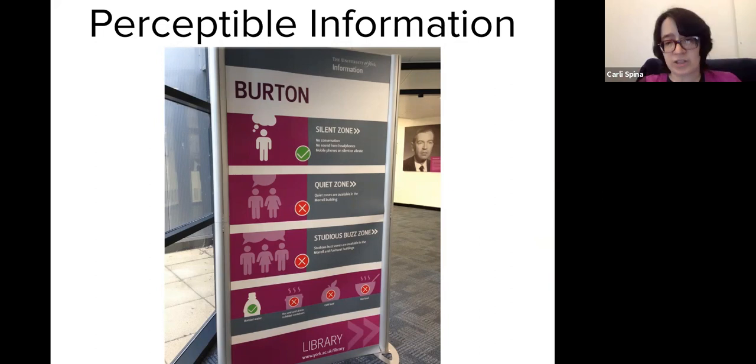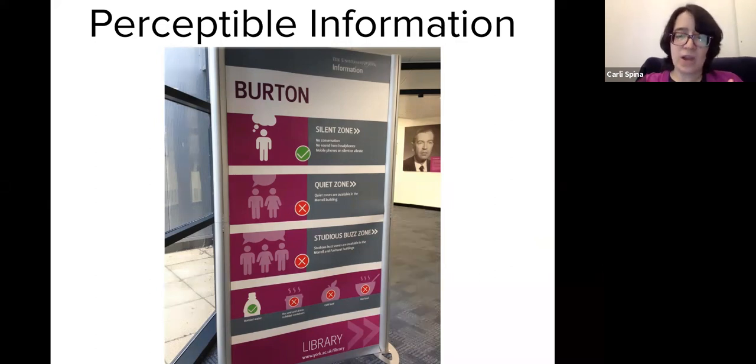But then in addition to that, they have these icons that represent the same information at a glance without even having to read. So if you don't speak English, if you're just walking by and you don't really have the mental bandwidth to be able to read the sign, you can just glance at it and say, okay, I see that person up there is quietly thinking to themselves, so this is a silent zone.